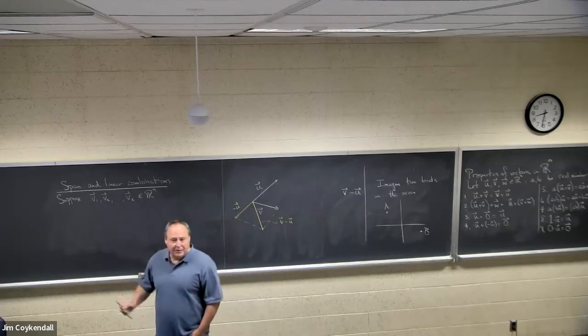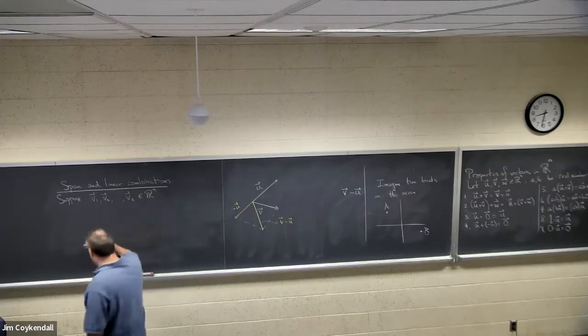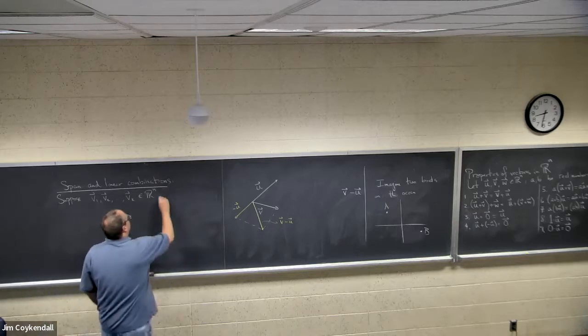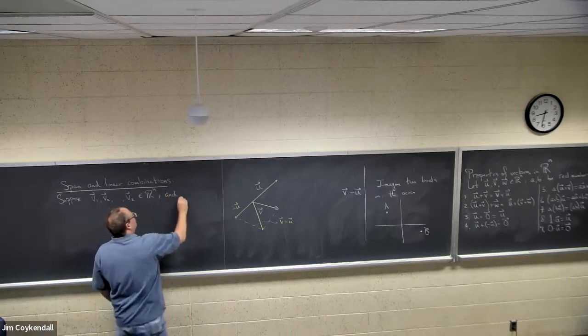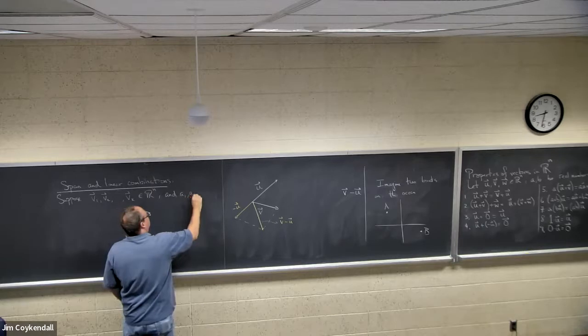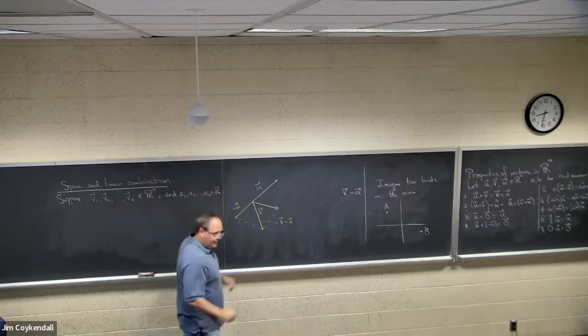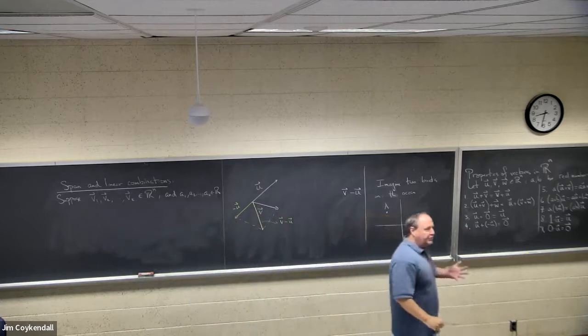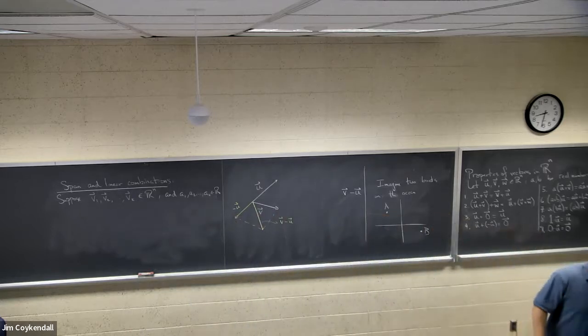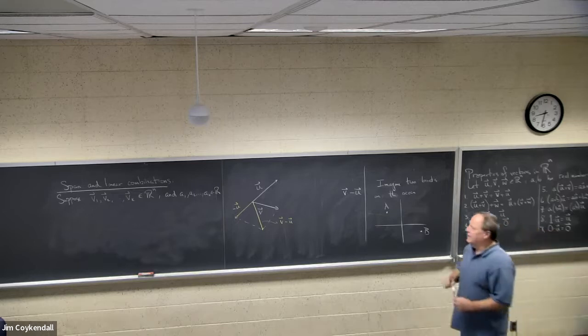So suppose that we have these k vectors, b1, b2, b3, up to bk, in R^n, and these are a bunch of numbers, a1, a2, all the way up to ak. They're just numbers in R.